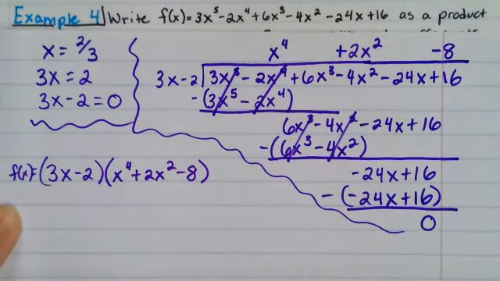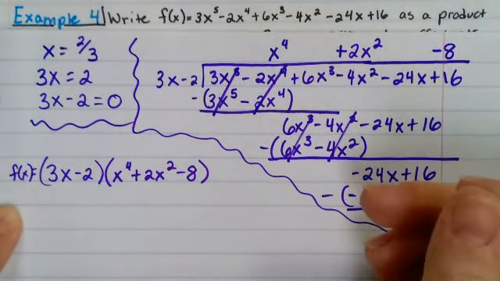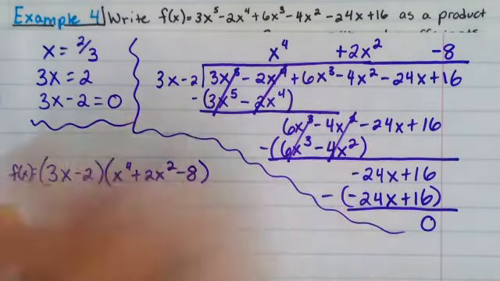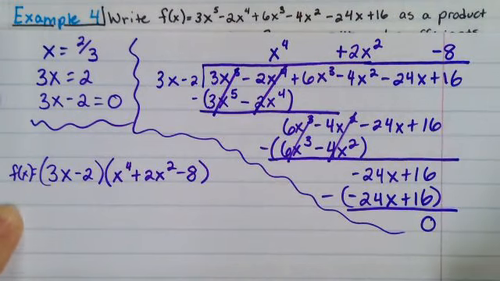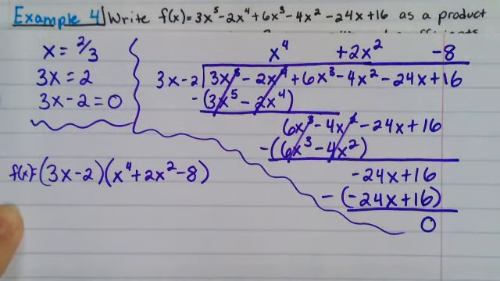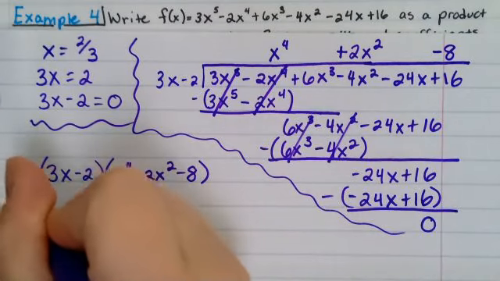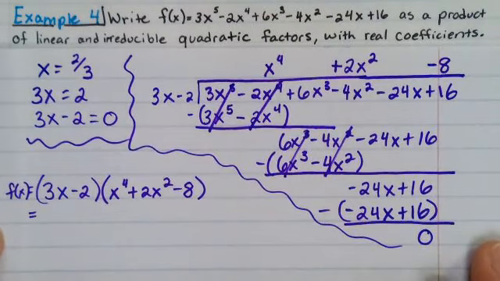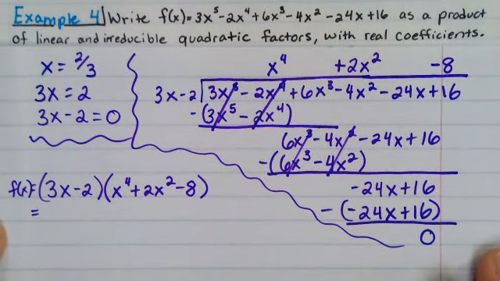Now remember how we said we knew that there were 3 real zeros. This factor indicates one real zero, but I don't know based off of this where the other ones are. I could look at the calculator and see those decimals, but I don't really know exactly where they are, and I haven't been able to write it as a product of linear and irreducible quadratic factors.